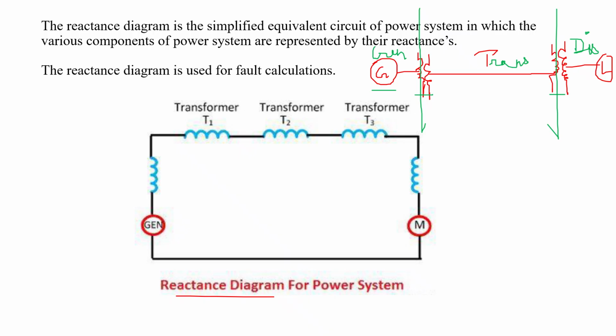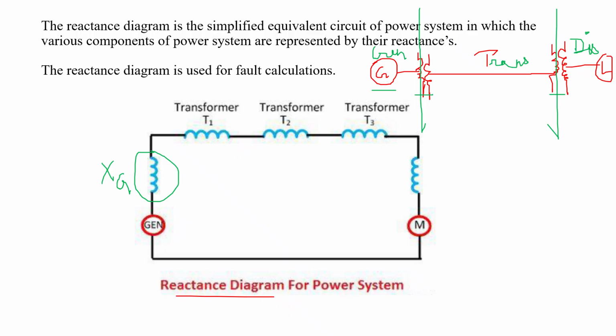While drawing a reactance diagram, what we do is, a reactance diagram is a simplified equivalent circuit of a power system in which the various components of the power system are represented by their reactances. The generator has a reactance, so this is the reactance of the generator.